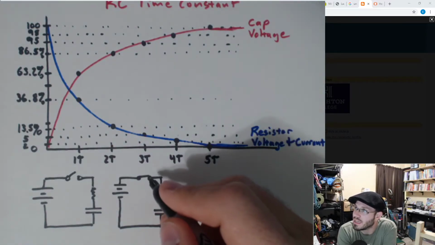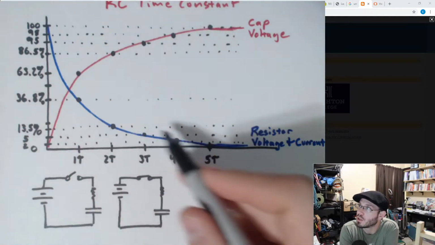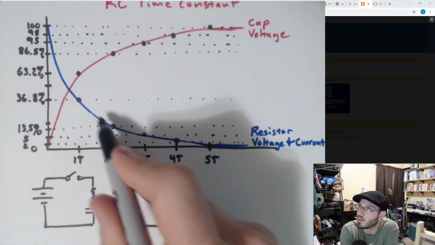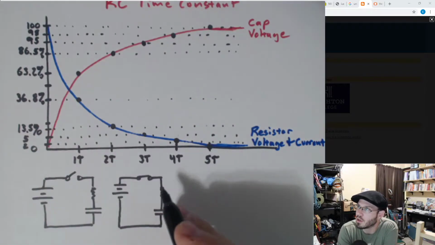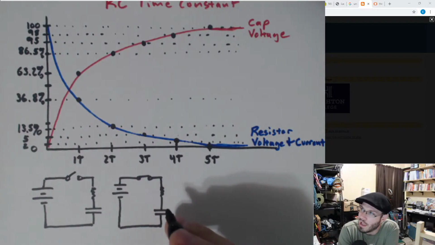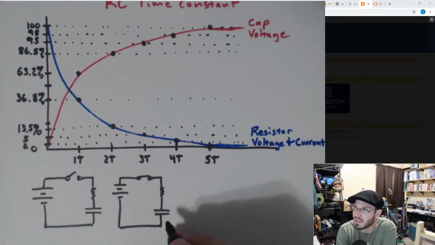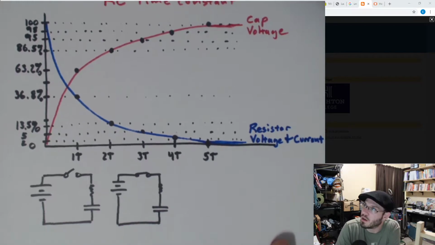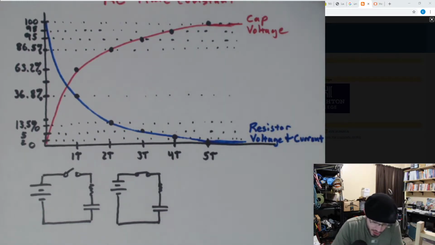When that switch initially gets thrown, we start off with the most current. Current would be shown on this blue line here, and we would get 100% of the current, and the only thing limiting that current is this resistor. So at time 0, I want to emphasize that this cap behaves like a short.